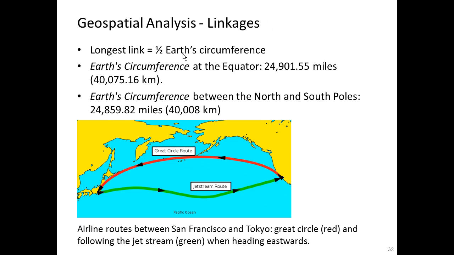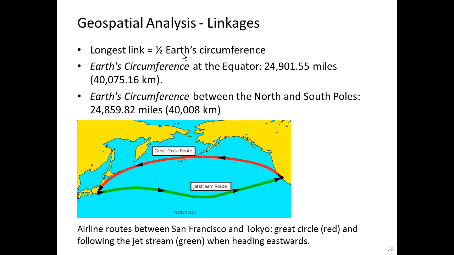In general, if you have linkages in your data set, then you have to make sure that no link is longer than the Earth's circumference divided by 2, because it couldn't be longer. So it's very important to do these data checks.